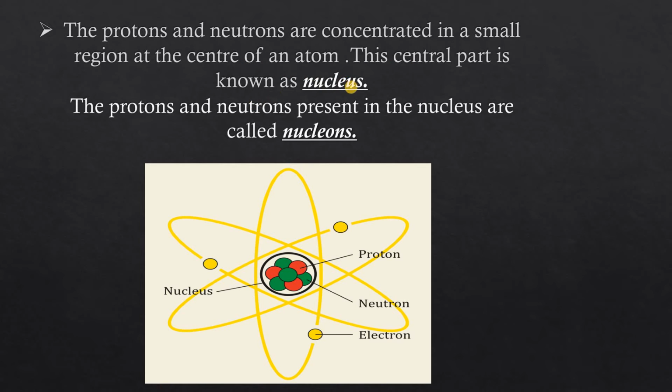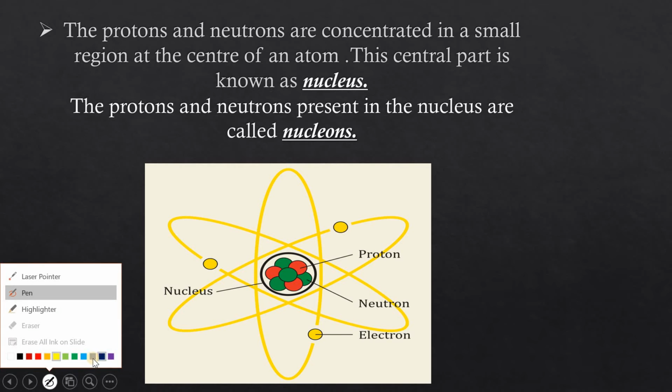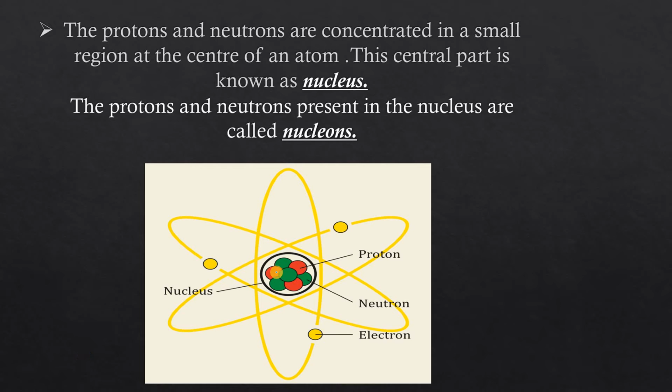This central part is known as the nucleus. Protons are the positively charged particles, and neutrons are those particles which do not have any charge. These are concentrated in a small region which is present at the center of the atom.